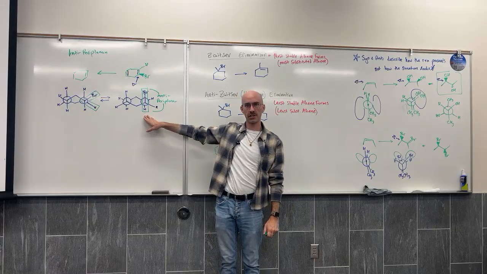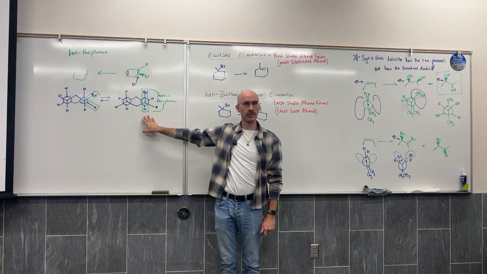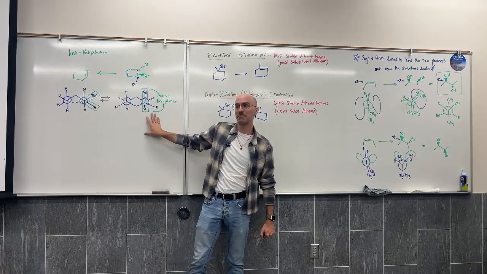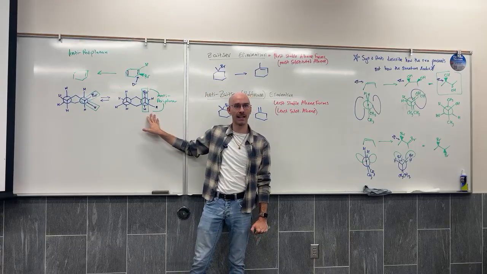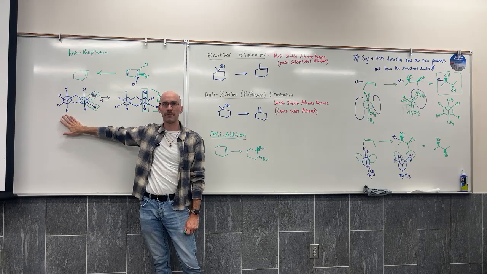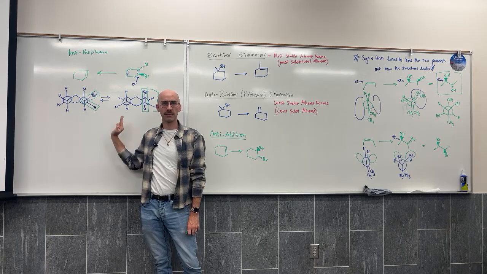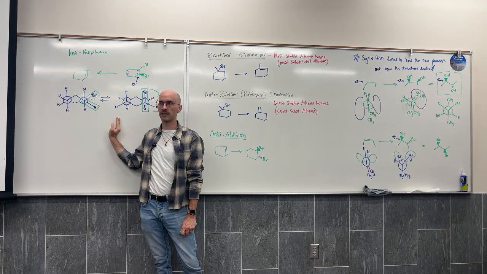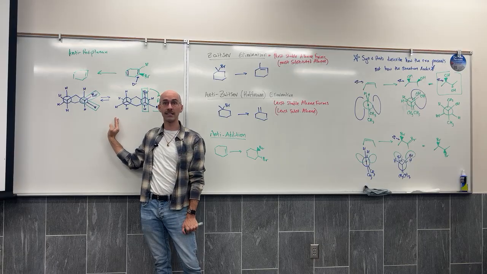Anti-periplanar positioning of bromine and hydrogen, not antiplanar positioning. Later in the semester, we're going to look at elimination reactions, and we will have to be able to identify, are they anti or are they not?